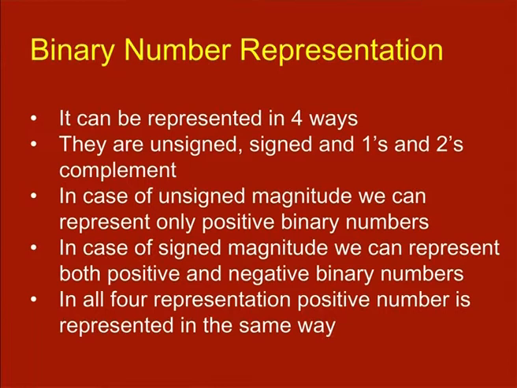In the other two cases, that is ones and twos complement, also we can represent both positive as well as negative binary numbers. So, in all four representations, a positive number is represented in the same way.